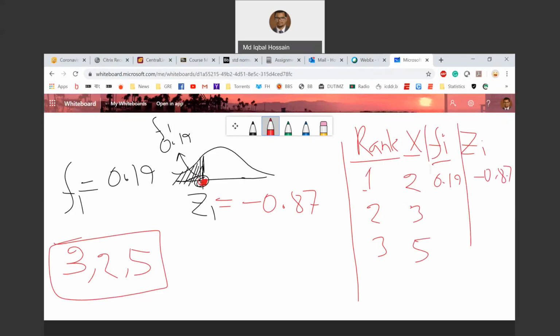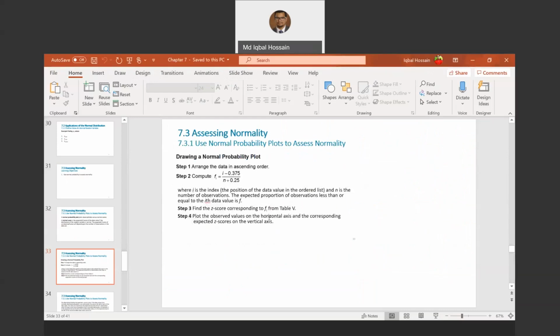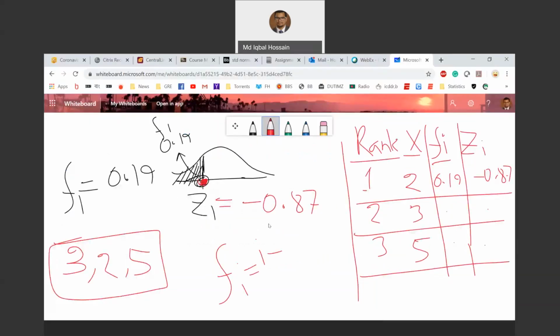We will find the value for each point using the Fi formula, which is i minus 0.375, divided by N plus 0.25.